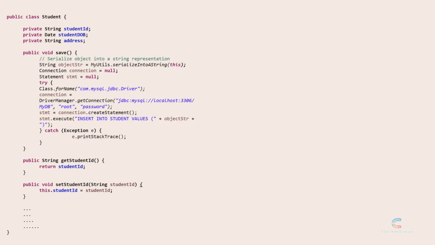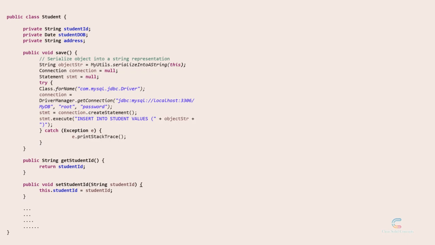The Student class should ideally deal with only basic student-related functionalities like getting student ID, date of birth, address, etc. The Student class should not be made cognizant of the low-level details related to dealing with the backend database.